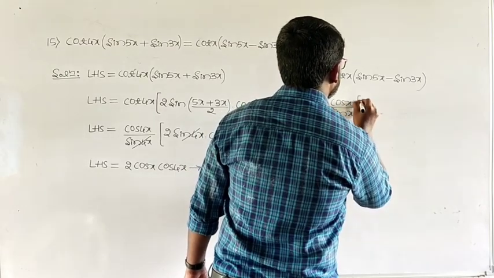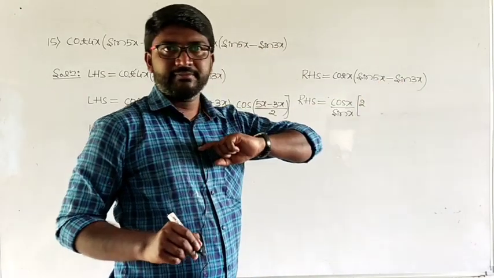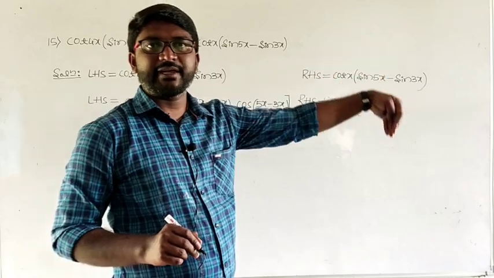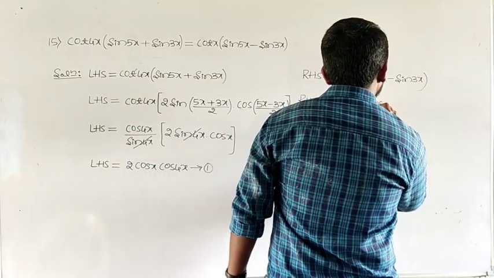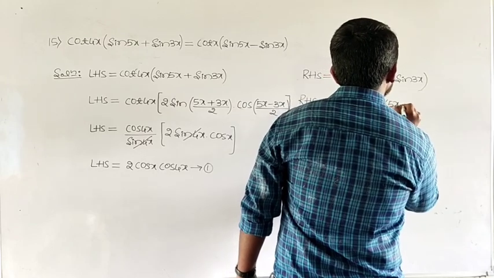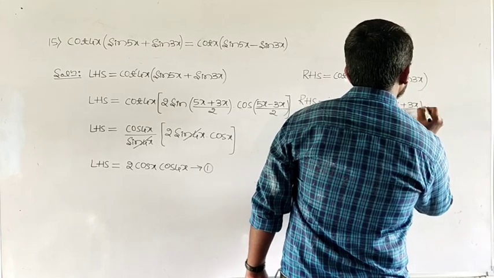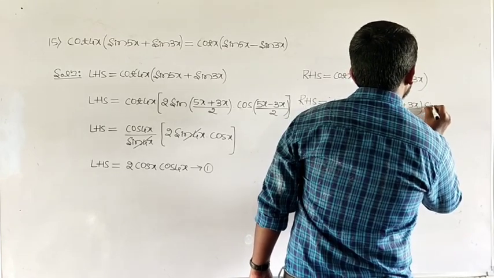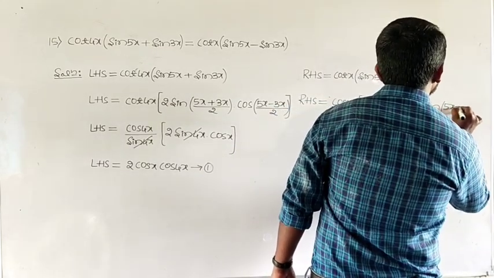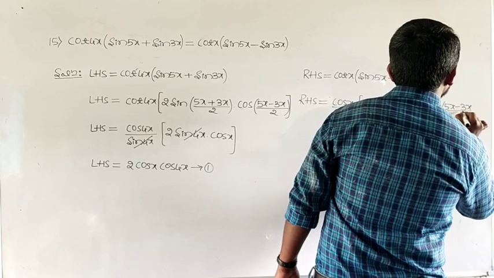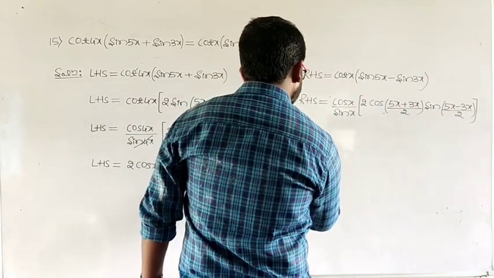Then 2 times, it is in the form of sin x minus sin y, that is nothing but 2 cos of x plus y by 2 into sin of x minus y by 2: 2 cos of 5x plus 3x divided by 2 into sin of 5x minus 3x divided by 2. We'll simplify this further.